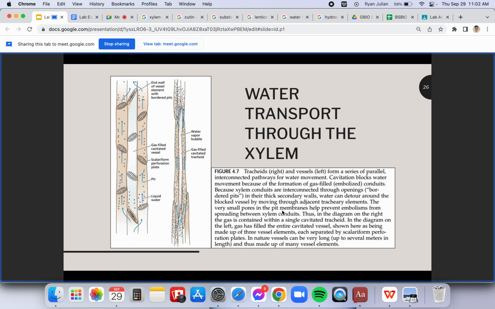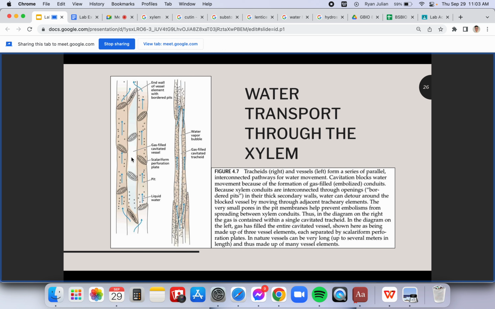Thus, in the diagram on the right, which is right over here, the gas is contained within a single cavitated tracheid. However, in the diagram on the left, which is right over here, gas has filled the entire cavitated vessel, shown here as being made up of three vessel elements.